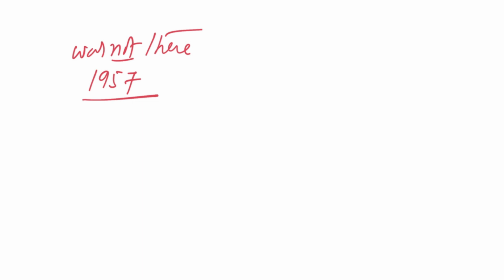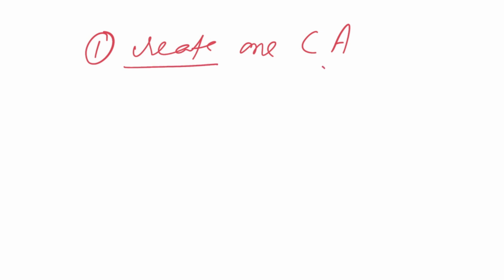I suggest these alternatives. Number one, create one Constituent Assembly. What prevents the Supreme Court from asking the government to create one Constituent Assembly? Very simple. And let the Constituent Assembly recommend. Let it recommend. This is one.